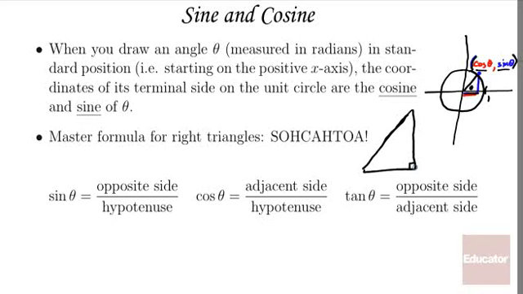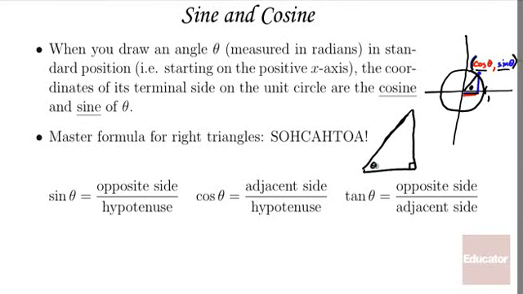The most common use of sine and cosine is probably in terms of right triangles. Let me draw a right triangle. A right triangle is a triangle where one of the angles is a right angle, a 90-degree angle, or in radians, pi over 2. You let theta be one of the other angles, and then you label each of the sides in terms of its relationship to theta.